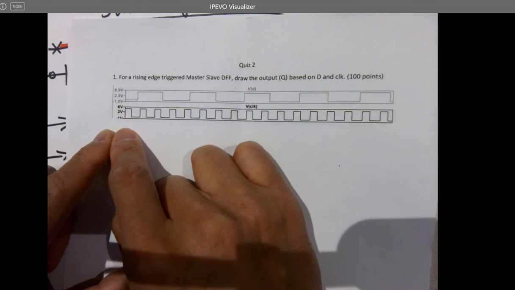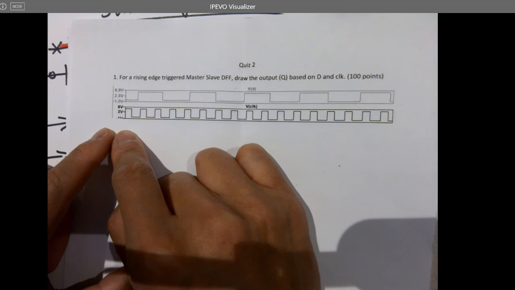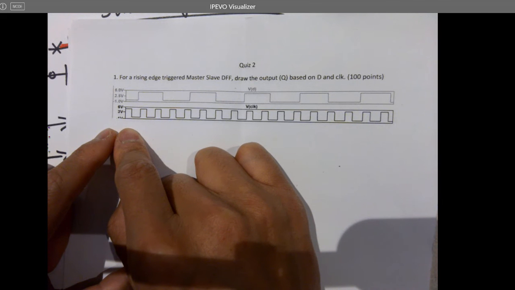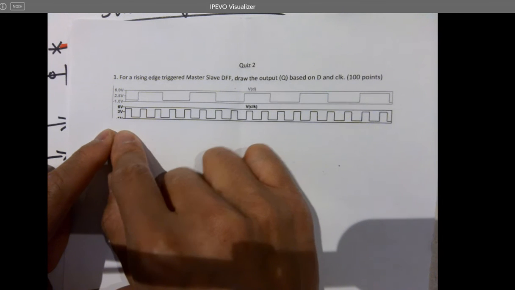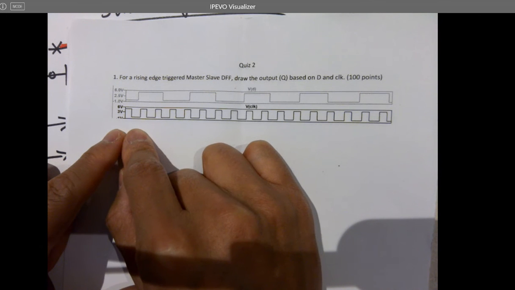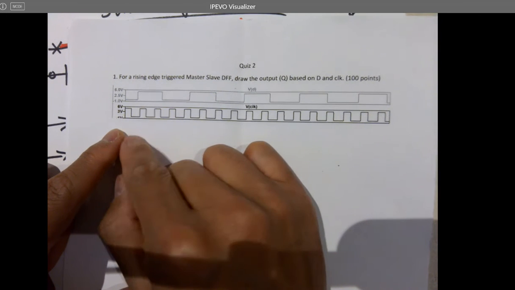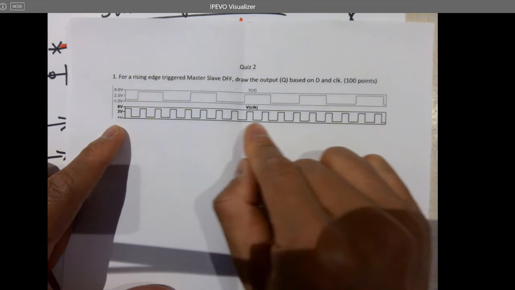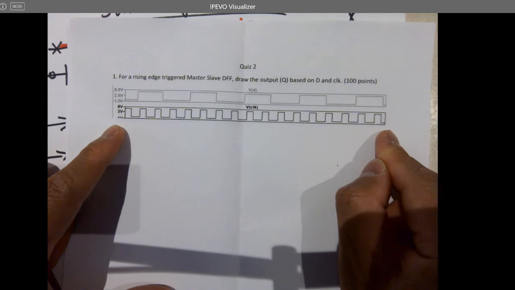And you can assume, at the very beginning, it can be high, can be low. If you are drawing a Q signal just underneath it, you can assume Q to be 0 at the very beginning, which is fine. If you want to assume Q to be high, which is fine too. You just need to get the correct signals for the following rising edges. Okay.